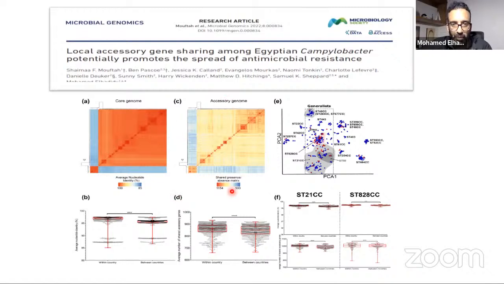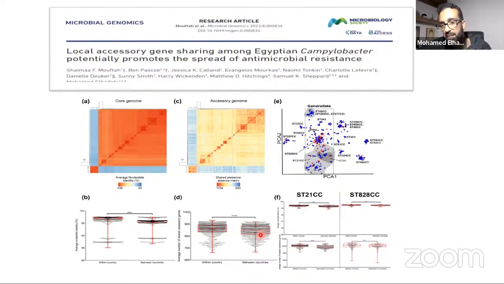We compared the accessory genome acquisition within countries and between countries. You can see that the accessory genome within the Egyptian datasets is much greater as compared to the UK datasets and the global datasets. Yet there is no big difference in accessory genome acquisition between countries.